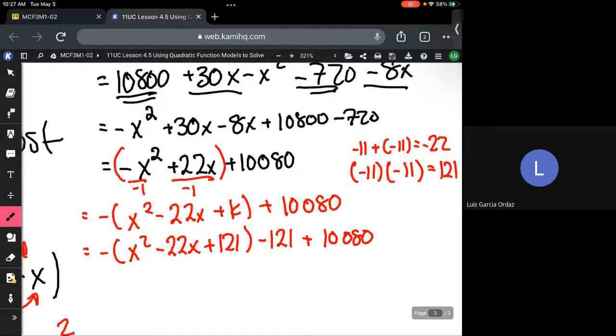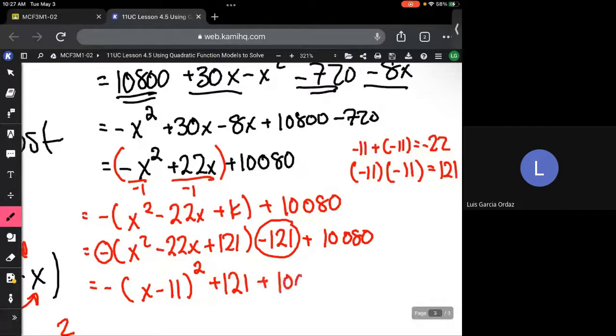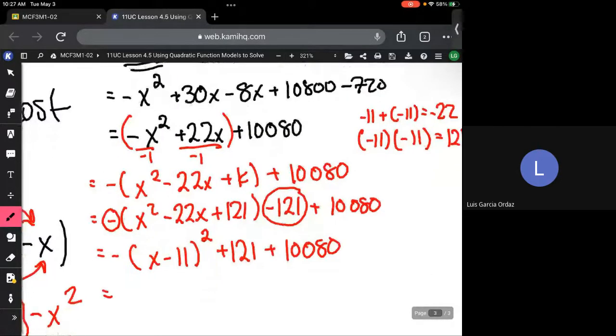So what's my perfect square? And because I have a negative on the outside, and this is negative 121, what do I have to do with those two numbers? What's negative 1 times negative 121? So my final answer is going to be negative times x minus 11 squared. And what's 121 plus 10,080? 10,201.